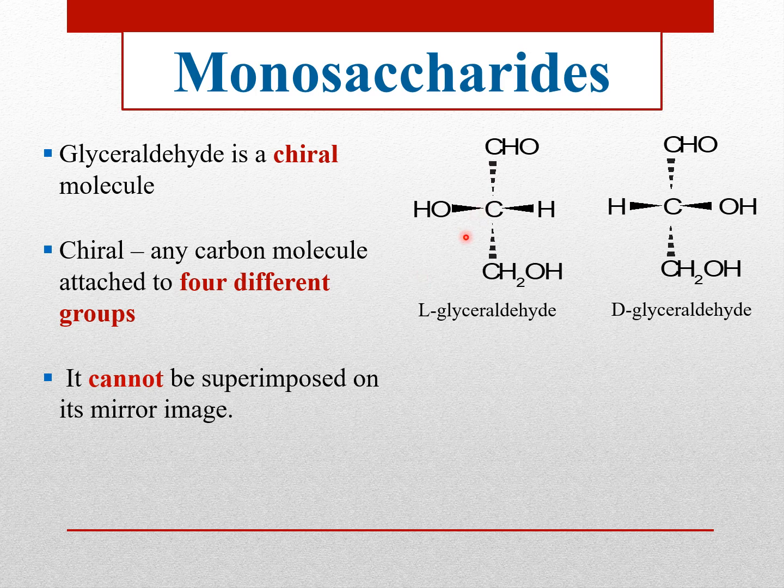That means there is no hydrogen here and also hydrogen here, or OH here and also OH there. If OH and OH are found left and right, then they are not chiral. If you put a mirror, they will be twins. So if they are not twins, then they are considered as isomers.